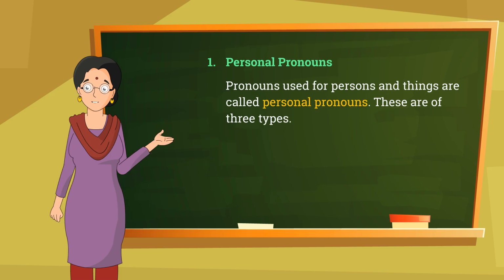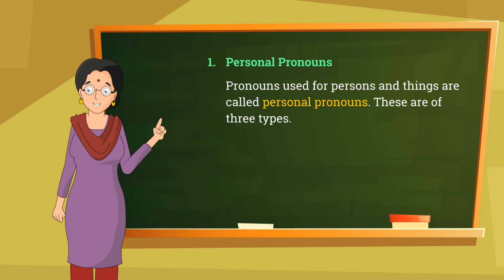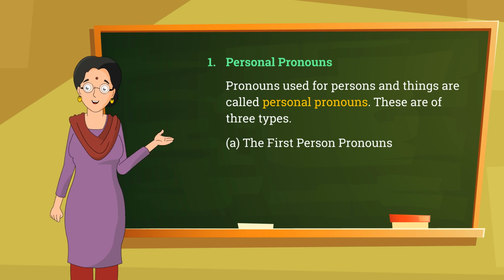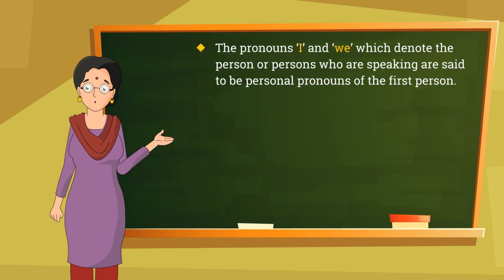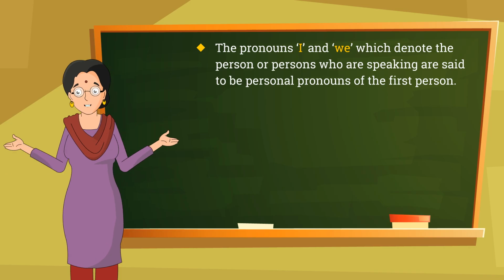Personal pronouns. Pronouns used for persons and things are called personal pronouns. These are of 3 types: the first person pronouns, the second person pronouns, the third person pronouns. The pronouns I and we, which denote the person or persons who are speaking, are said to be personal pronouns of the first person.